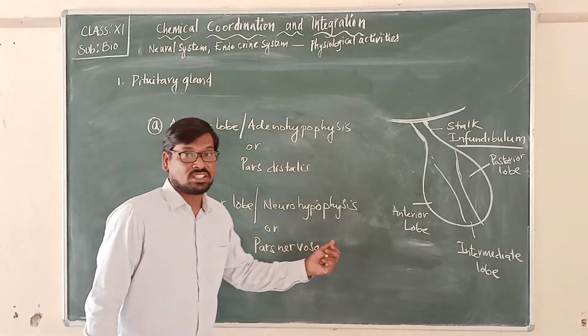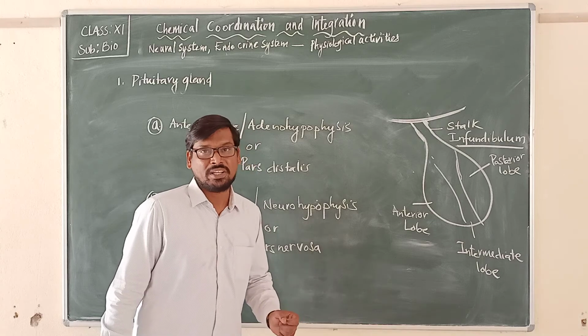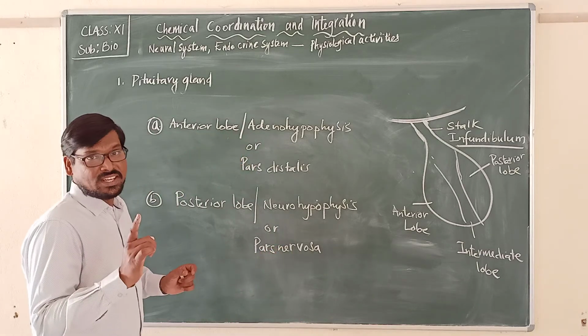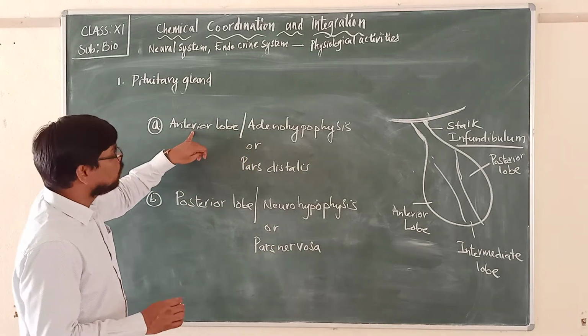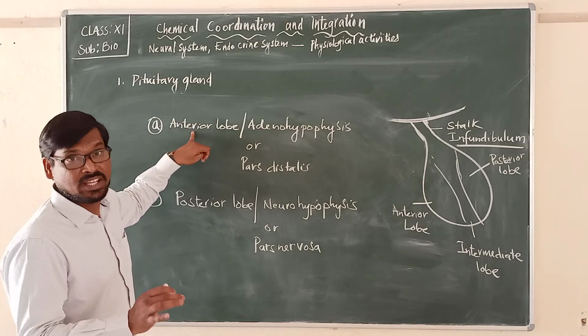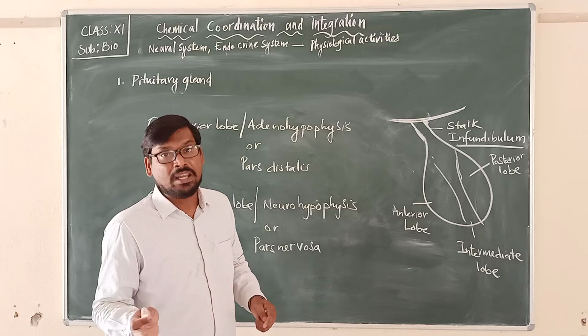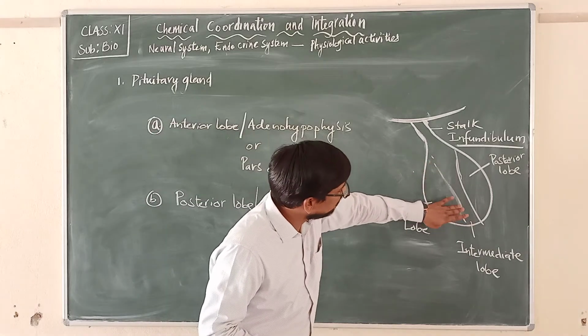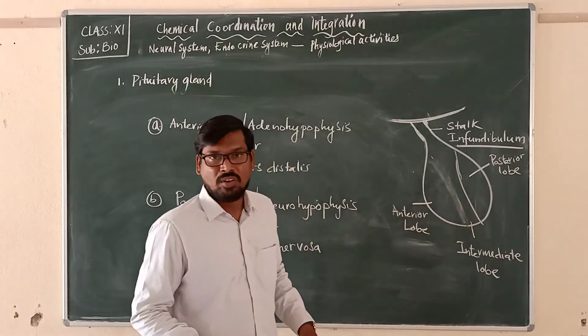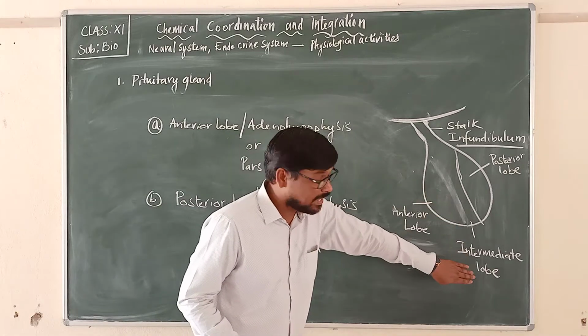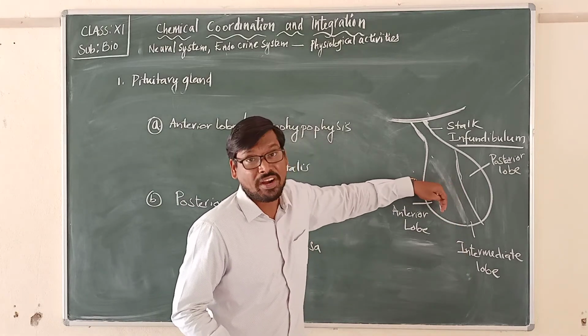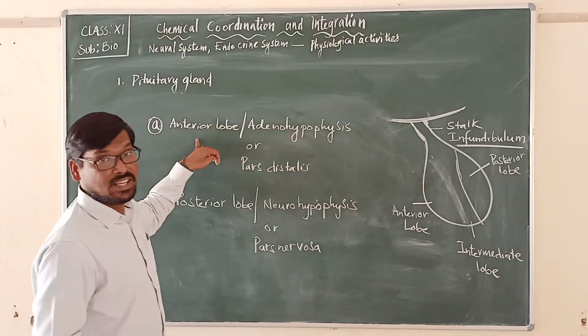But here we did not mention the intermediate lobe anywhere. Why is that? Because remember that the intermediate lobe is merged within the anterior lobe, which means there will be no intermediate lobe. The intermediate lobe is joined with the anterior lobe.